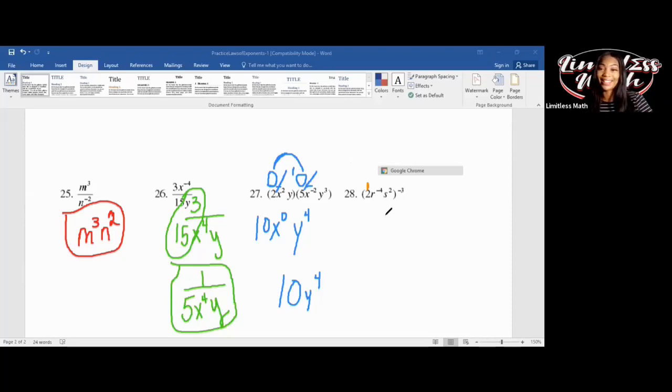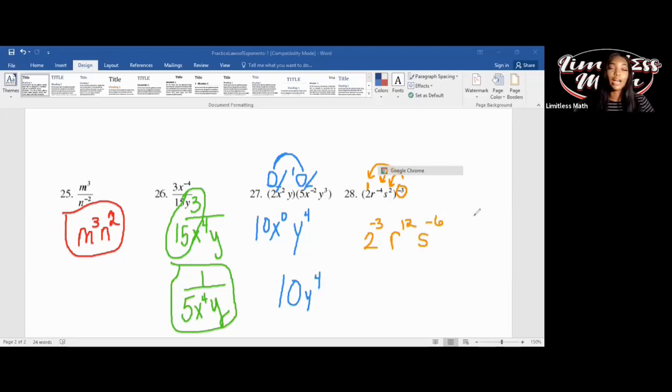So we can go ahead and distribute, multiply this upper level exponent by all of the lower ones. Okay. So bring down the base, we get 2. 1 times negative 3 is negative 3. It's our new exponent. Bring down the base, we get r. Negative 4 times negative 3 is positive 12. That's our new exponent. Next, bring down the base, s. 2 times negative 3 is negative 6 is our new exponent.